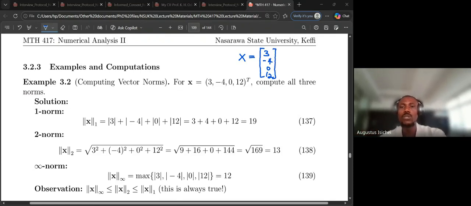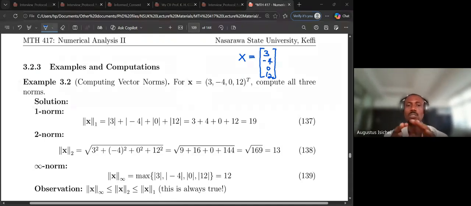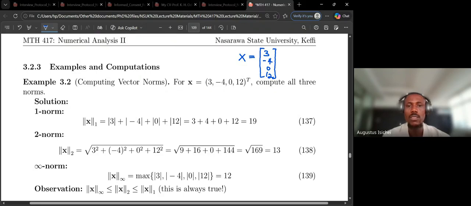We want to calculate all three norms: the one norm, the two norm, and the infinity norm. The one norm is just saying, take the summation of the absolute value of xi, where i ranges from 1 to n. And that's what we have here.